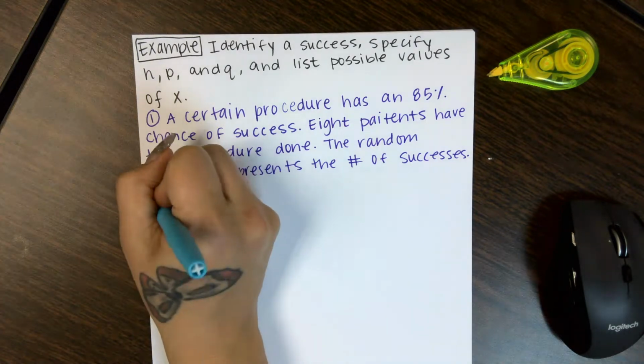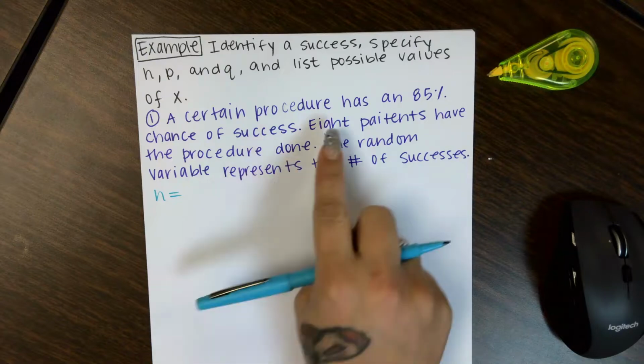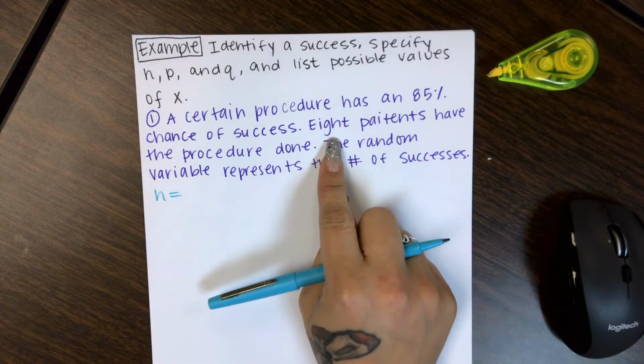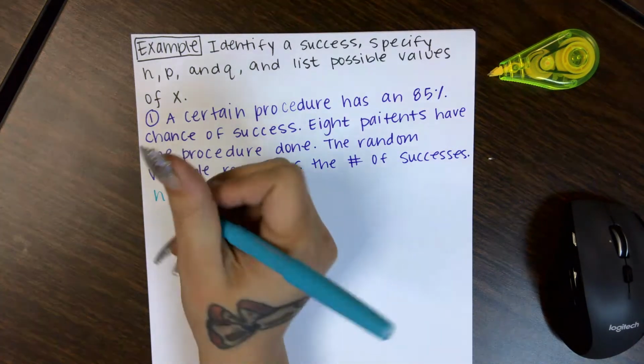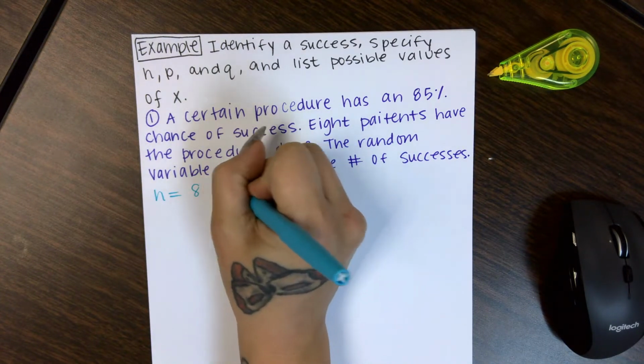And it's going to have N, and it's going to have a blank, and you're going to put your N there. If you go back to page 1, we defined our N as the number of times the trial is repeated, right? So the number of trials that's happening is our 8 patients. Okay, so our N is 8, which is the number of trials.